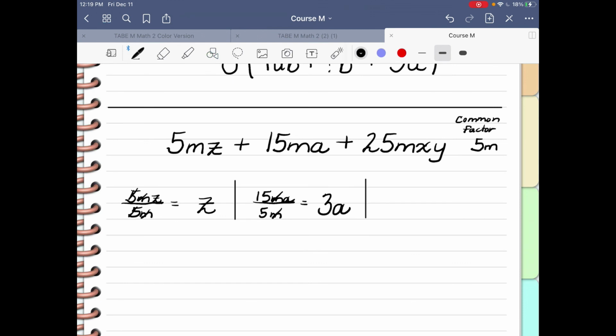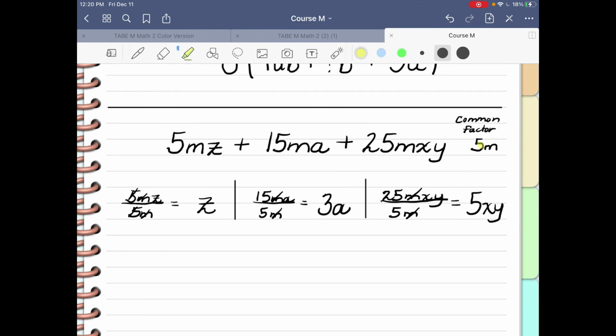And then 25mxy divided by 5m. So the m's cancel. 5 into 25 is 5, and we still have the xy.